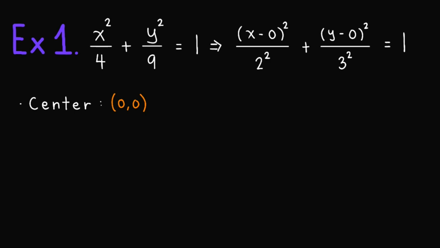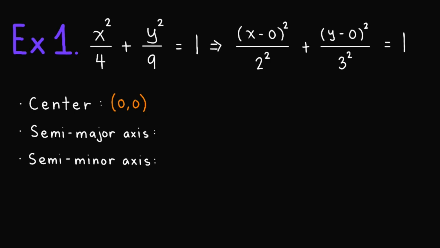Next, let's obtain the semi-major and semi-minor axis. Starting with the semi-major axis, we just check the denominators, or more specifically, the square root of the original denominators.